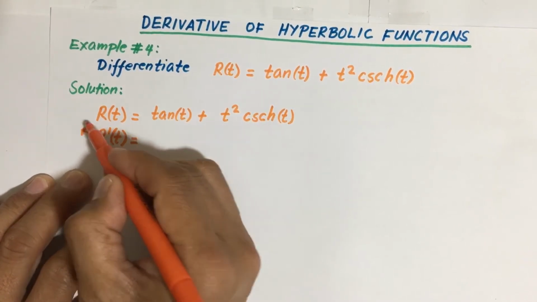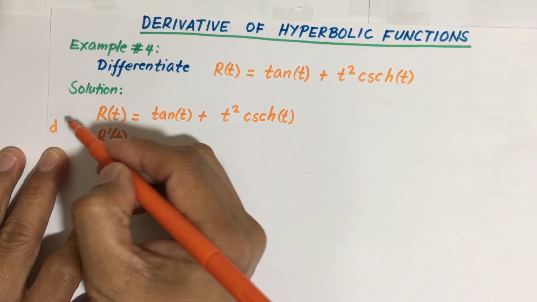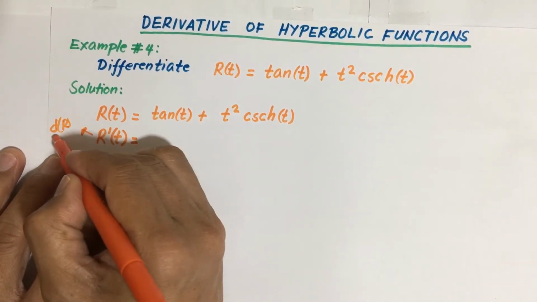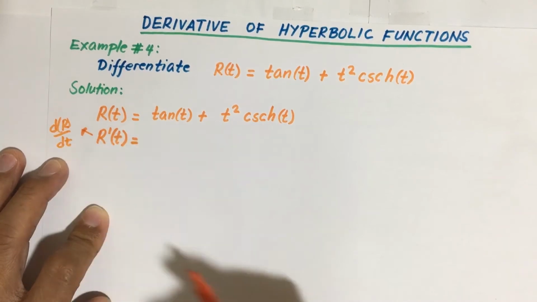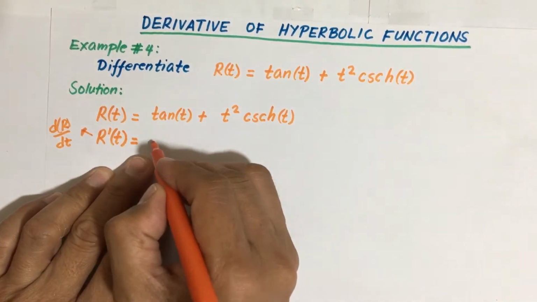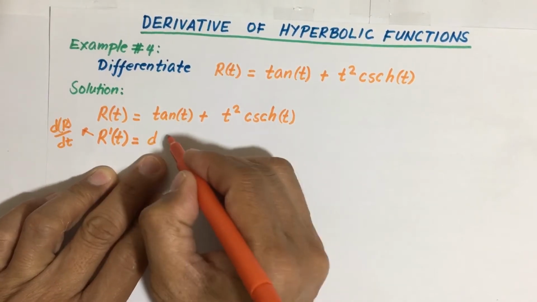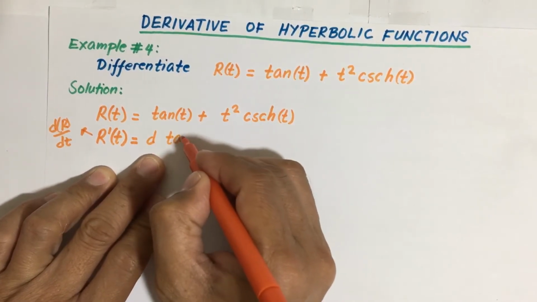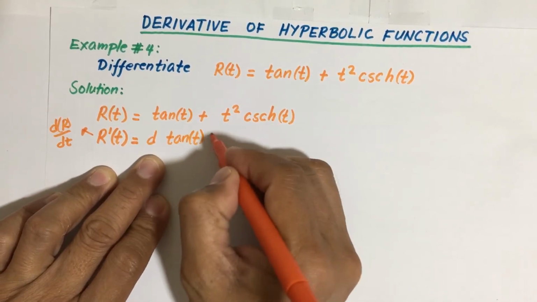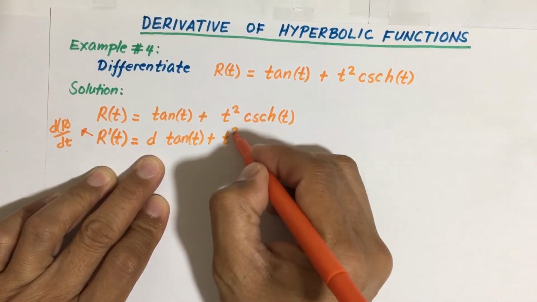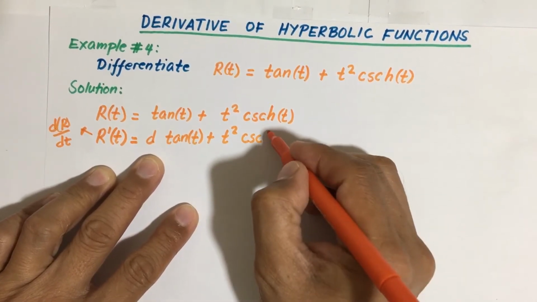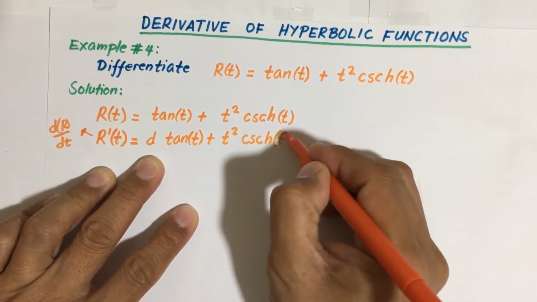This is equal to the derivative of r with respect to t. So we have the derivative of the whole thing: the tangent t plus the product of t squared and the hyperbolic cosecant of t.